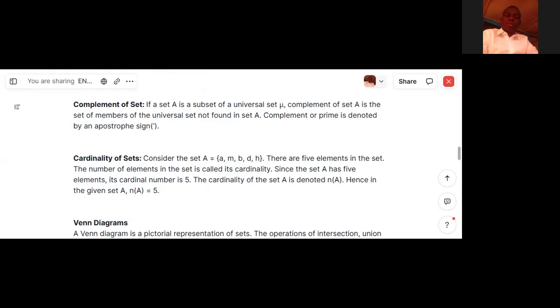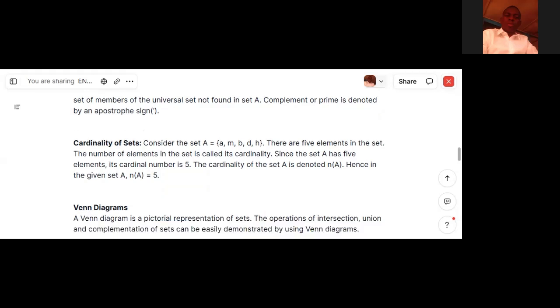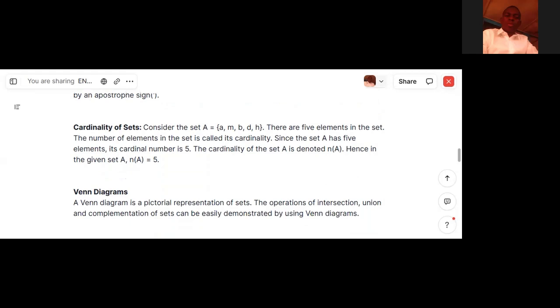So we'll go into cardinality of sets. We talked briefly on that. Cardinality is simply the number of elements contained in a given set. So if, for instance, a set A contains elements A, M, B, D, H, we say that the cardinality of set A is 5.